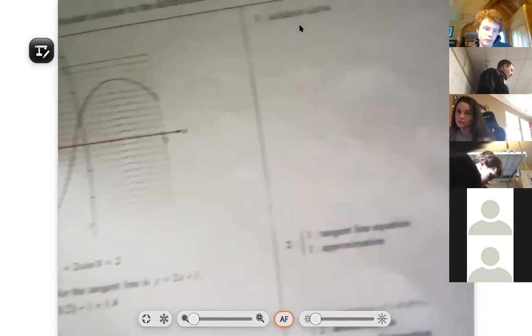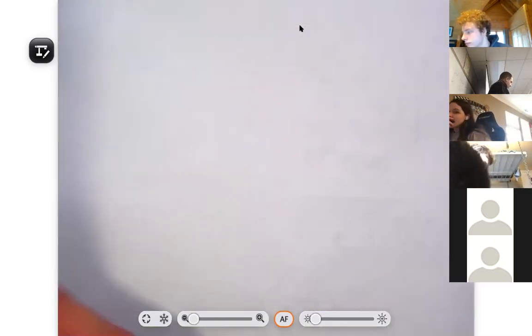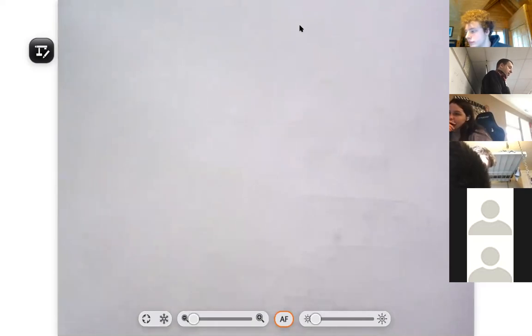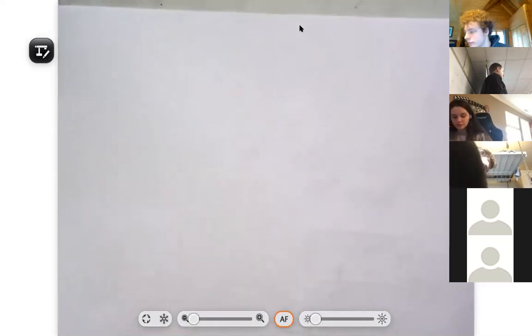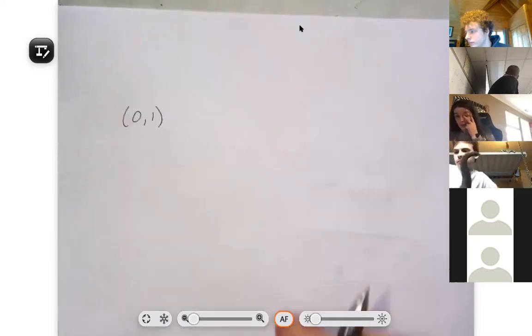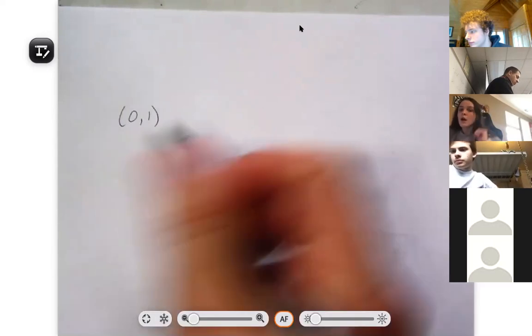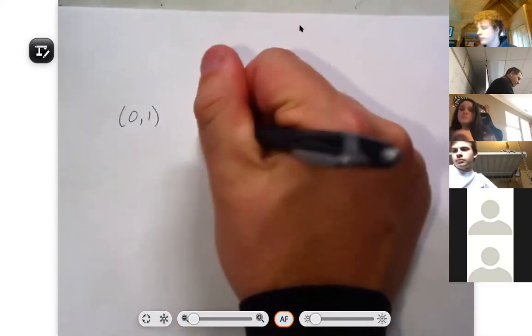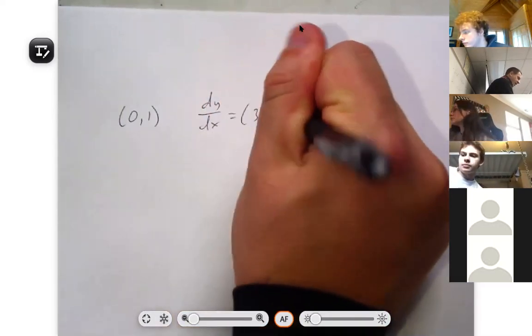The second one, here's how I'm going to do this differently than what's on the rubric. Anytime you're doing a tangent line approximation, first thing you want to find is the tangent line equation. They give you the point (0, 1). You use the derivative they give you to find the slope at that point.